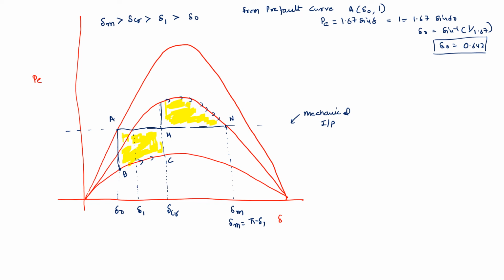Let me say this area AMBC corresponds to gain in kinetic energy, and this hatched area MN corresponds to loss in the kinetic energy.